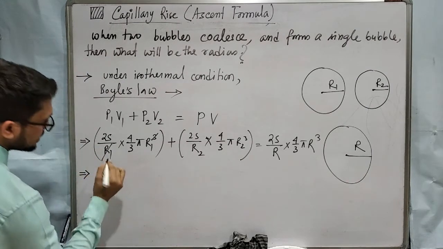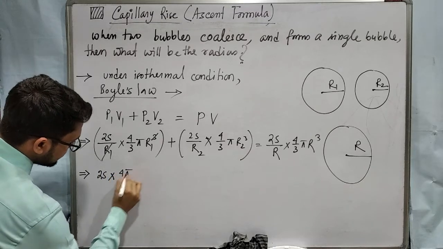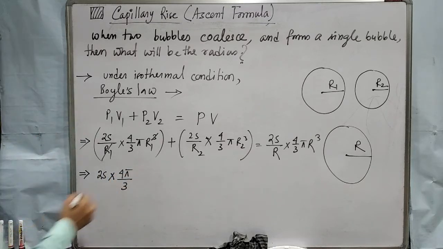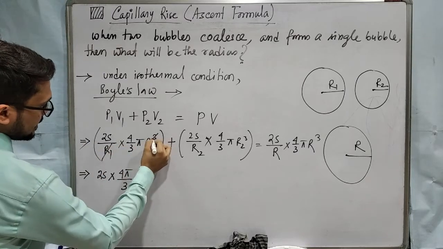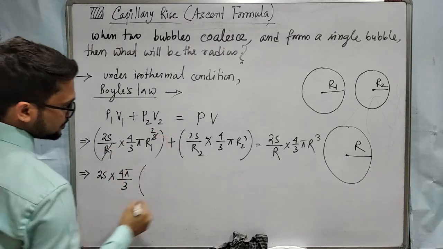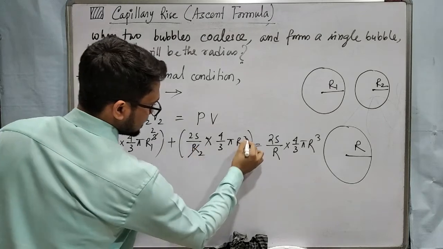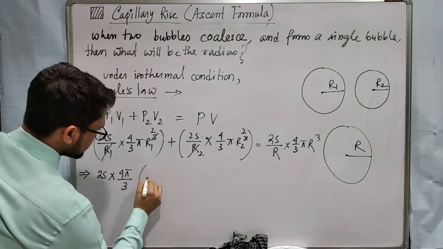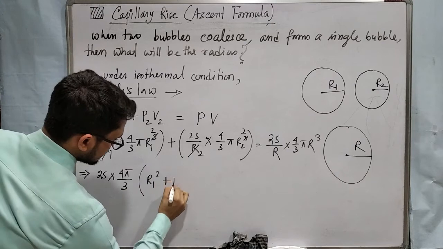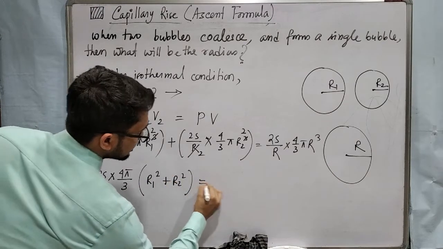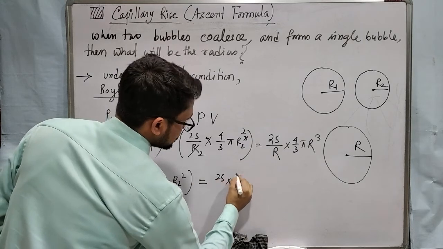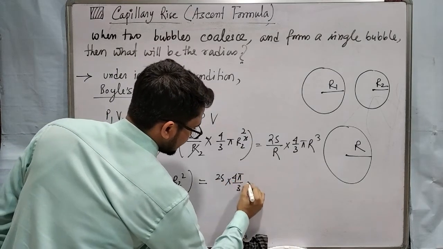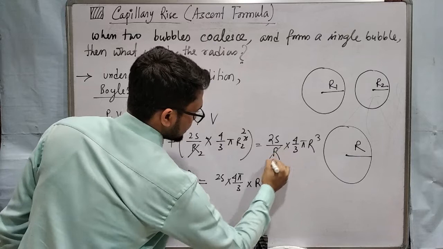2s into 4 pi by 3. Okay, so what will be the remaining term? Here r1 and 3 cancel out, so here 2, and again here r2 and 3 cancel out, so 2. So basically r1 square plus r2 square, and on the right side 2s into 4 pi by 3 into r square.